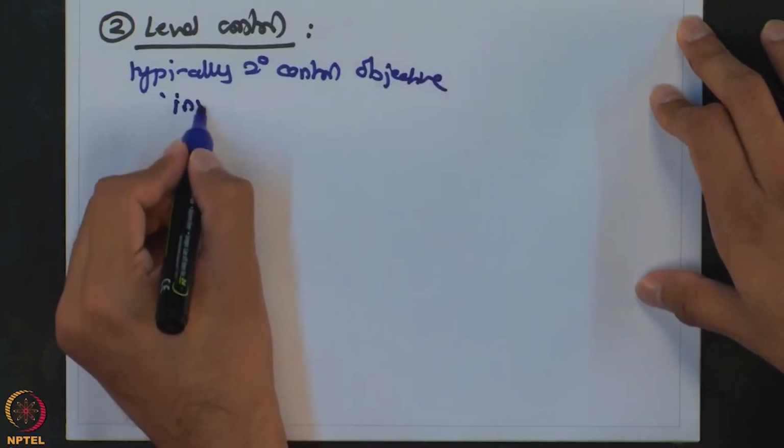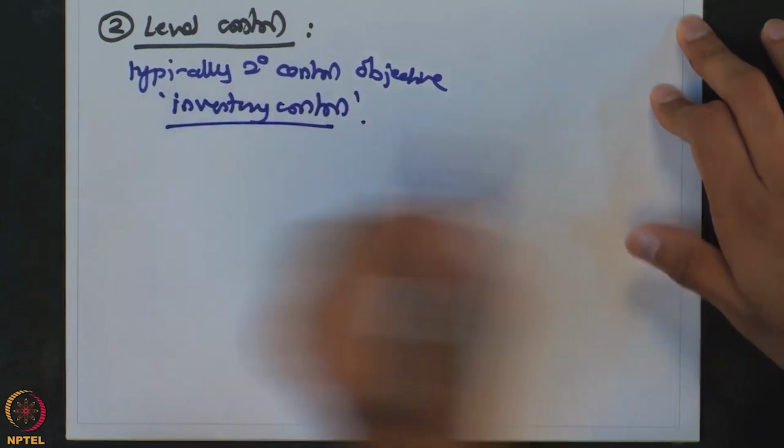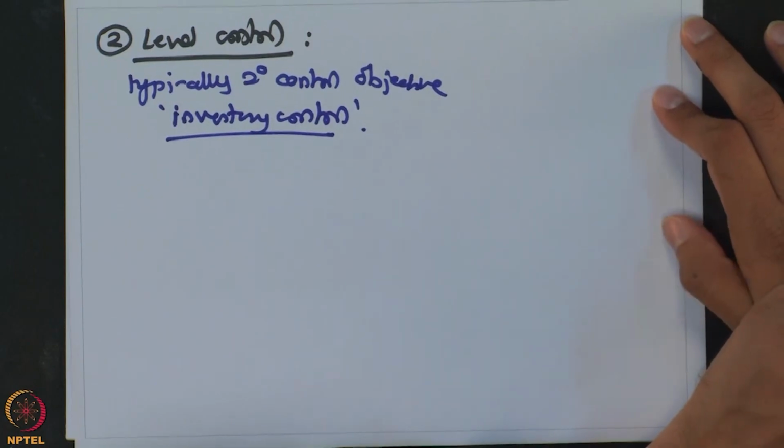Because you want to do some inventory control. You want to maintain a certain inventory of liquid in that particular vessel so that it does not go dry or it does not overflow.